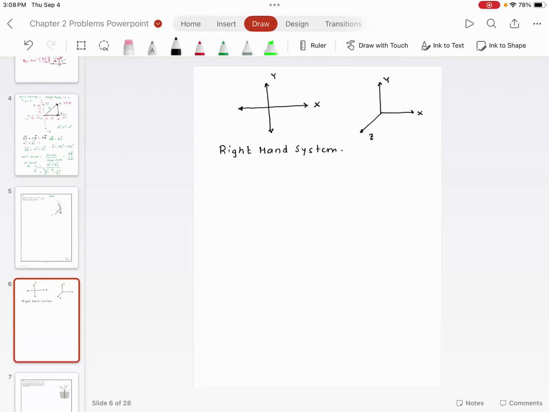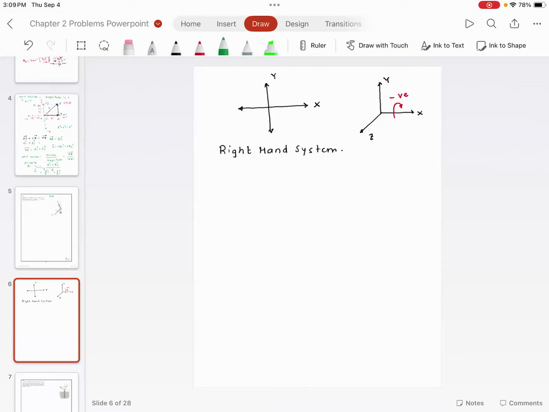For an example, I'm going to show you that this is rotated like this. Curl your fingers in the direction of rotation. Can you see that your thumb is pointing towards the negative X-axis? Are you with me? So this rotation is negative.